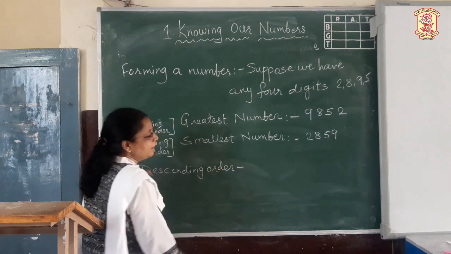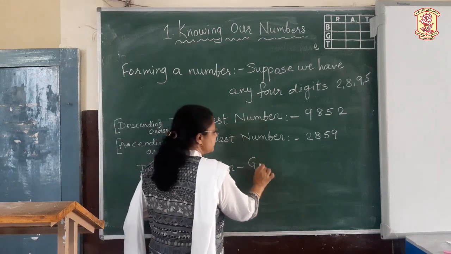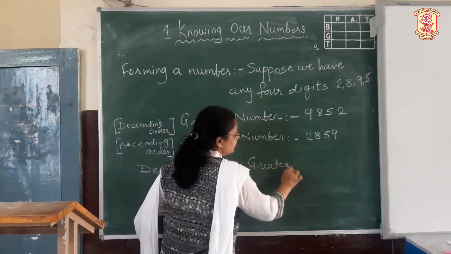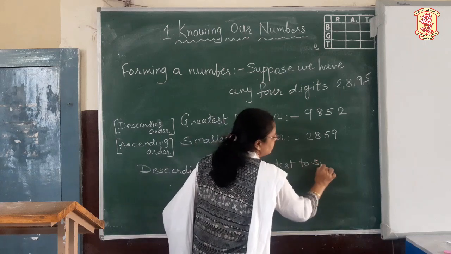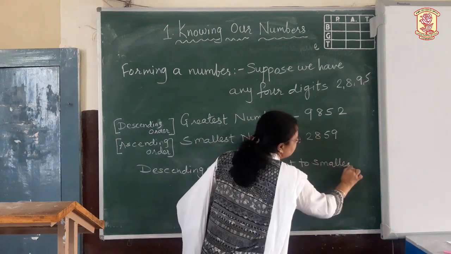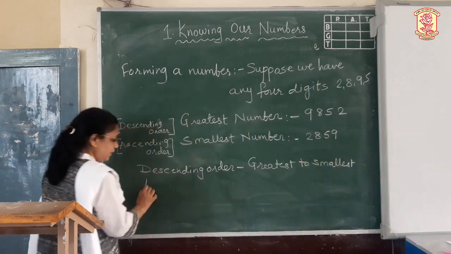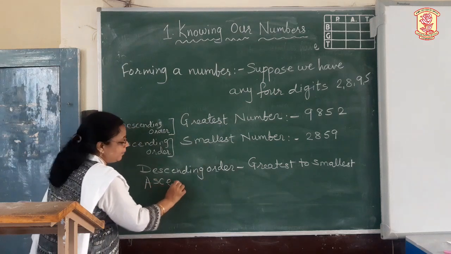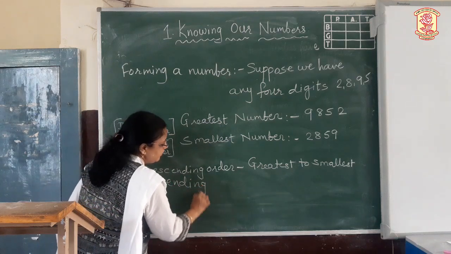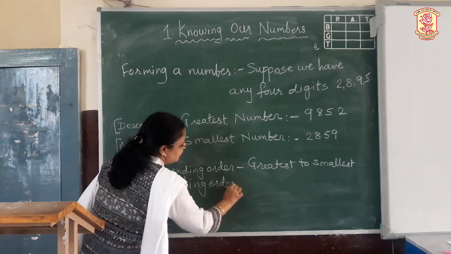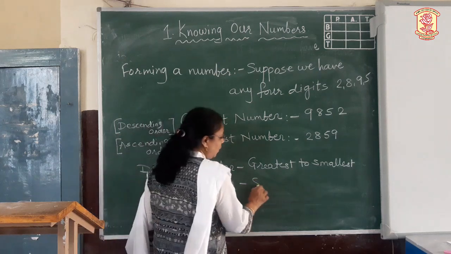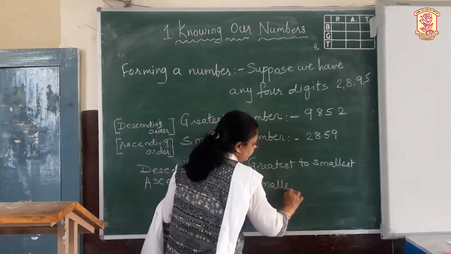Descending order means greatest to smallest. And ascending order means smallest to greatest.